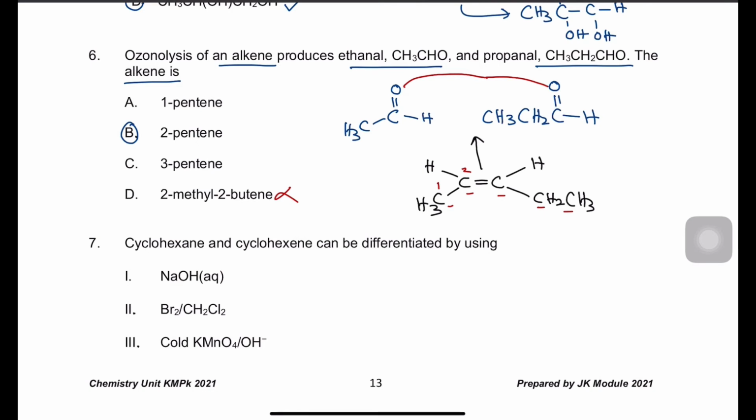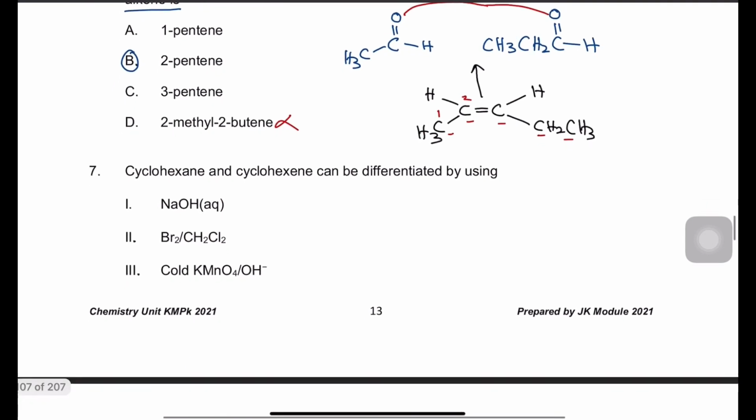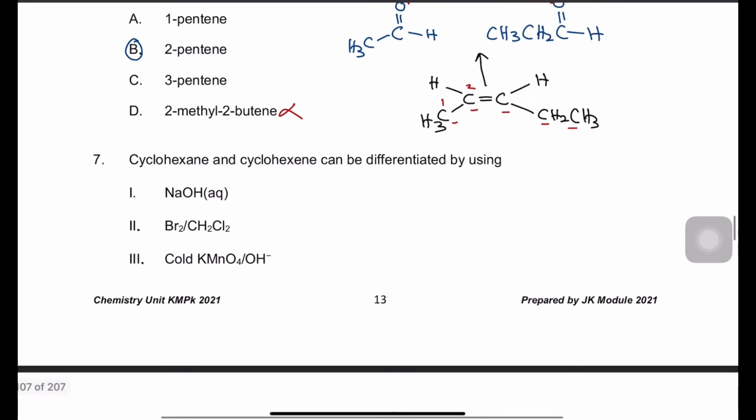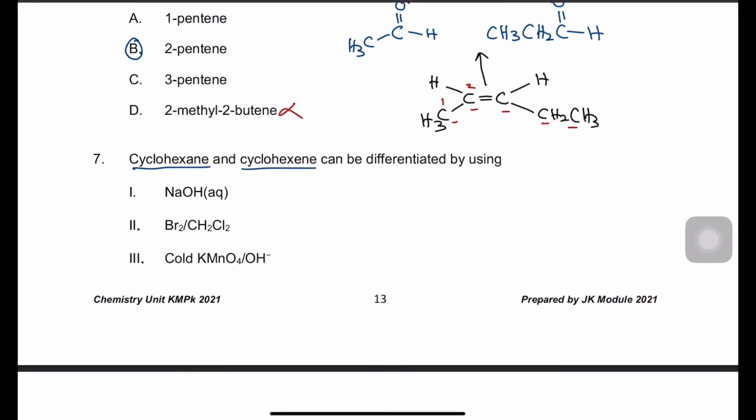Next, question 7. How can we differentiate cyclohexane and cyclohexene? This is a question asking you to differentiate between a compound with only carbon-carbon single bonds and one which has a minimum of 1 carbon-carbon double bond.